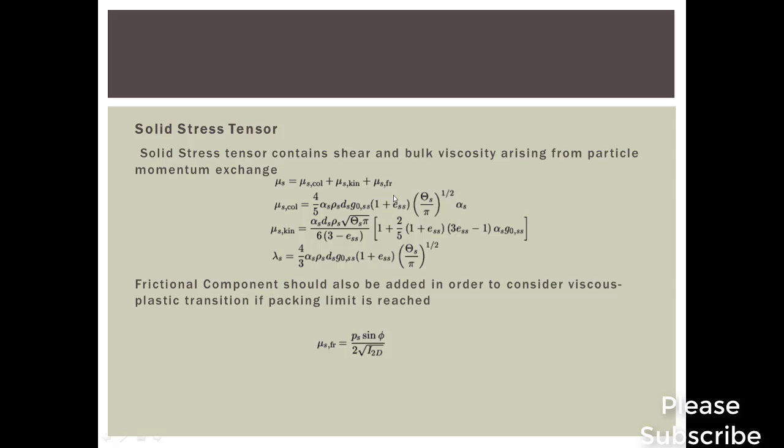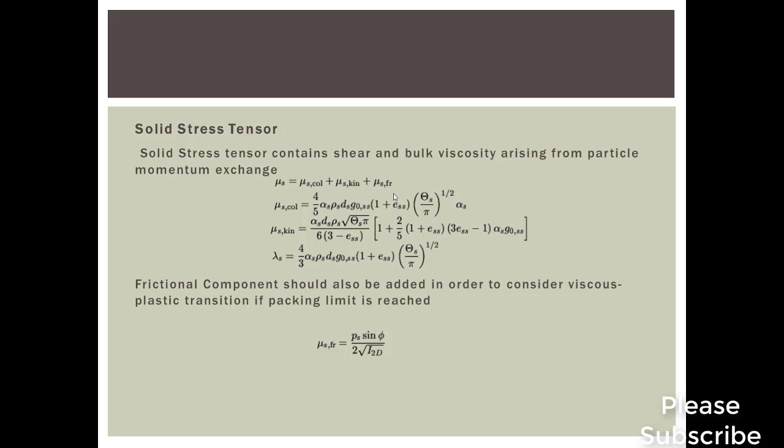The last but not the least is frictional viscosity. Frictional viscosity would come into role when the particles are agglomerated, or particles have less space to move, or they are concentrated in a particular area. If that concentration has increased beyond a limit, by default we will take it as 0.63. It can be more than 0.63, it all depends on our experimental values, but by default Fluent has taken it as 0.63.